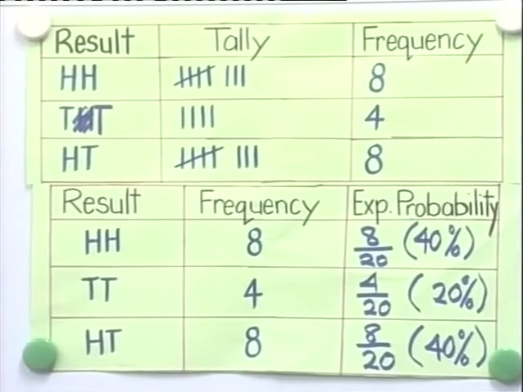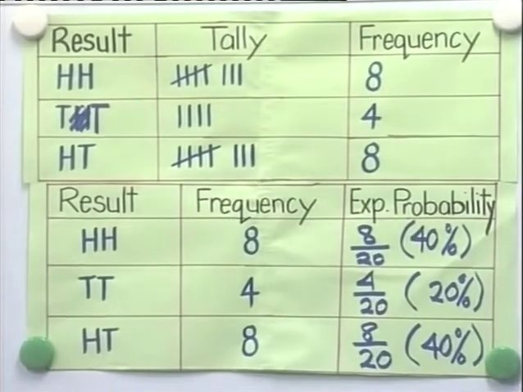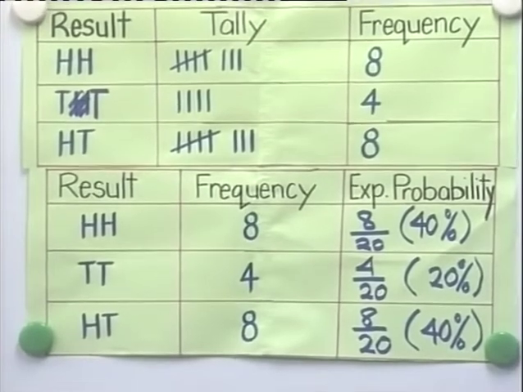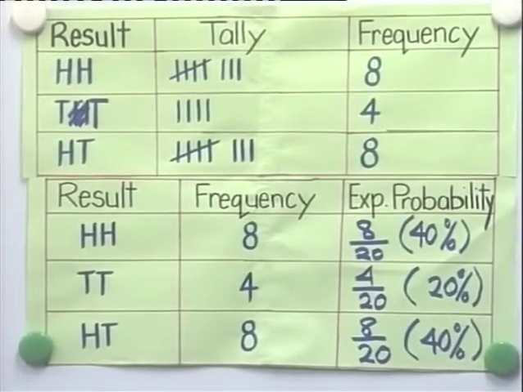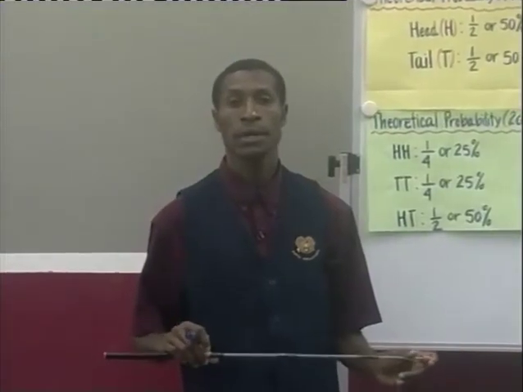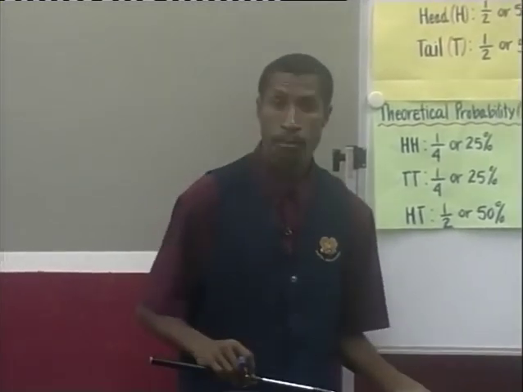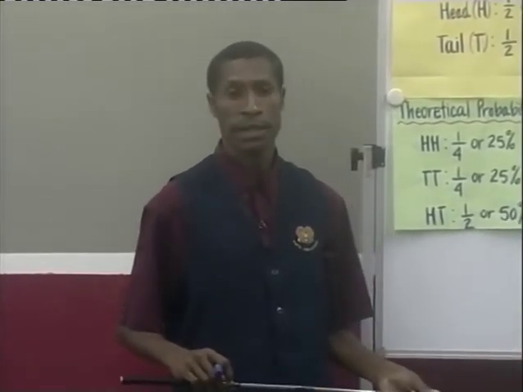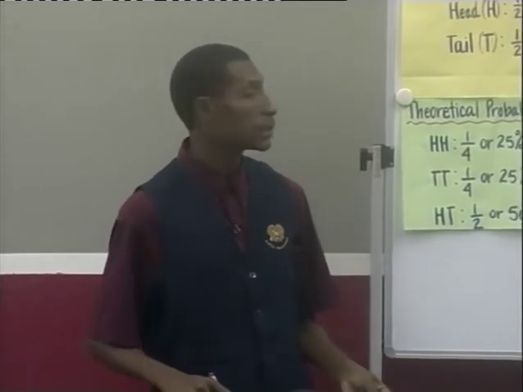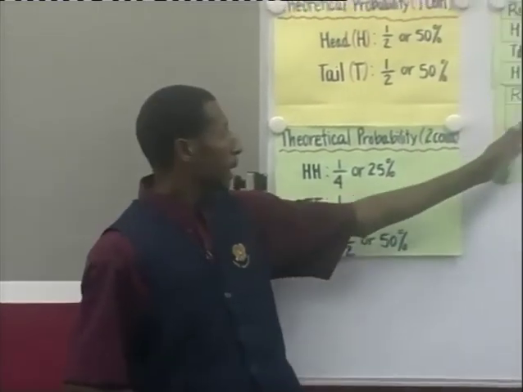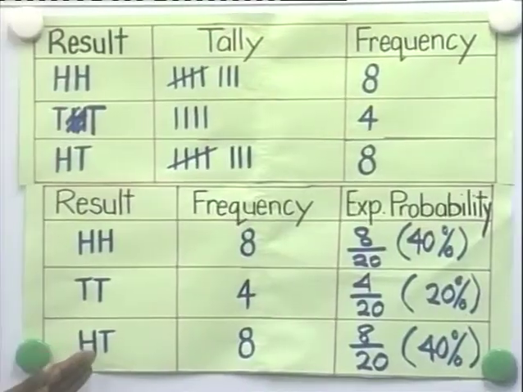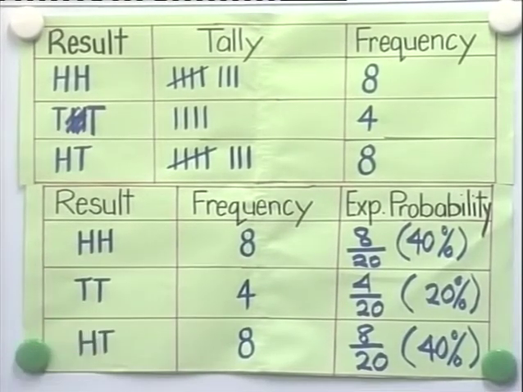Receiving teacher, I hope in your previous lesson you have collected the results of your class. I'd like you to give the results back to your students so that they will calculate the probabilities of head-head, tail-tail, and head-tail for 50 times.